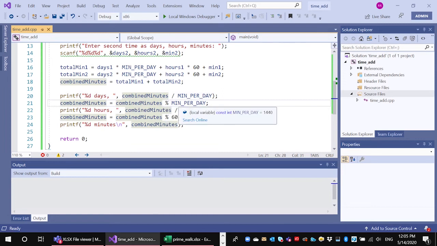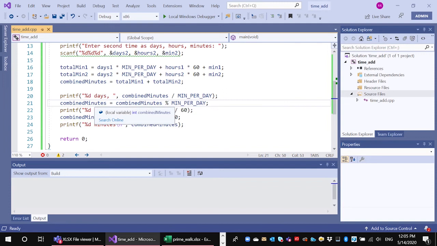That divides it by minutes per day, but rather than retaining how many times it goes into combined minutes, the way we did figuring out the days, it figures out how many minutes are left over, which is how many we have to account for after subtracting out those number of days. And it's exactly what we want. So this is now the new combined minutes after we have subtracted out the number of days.